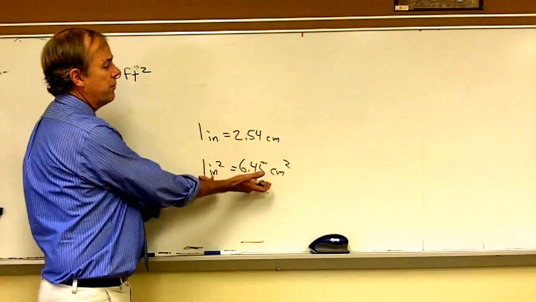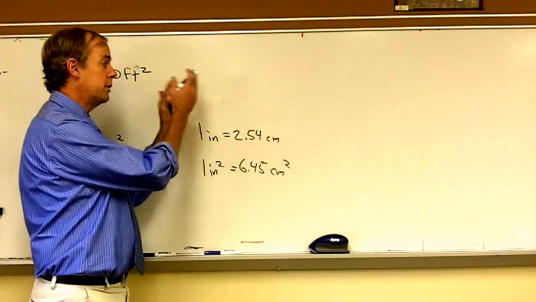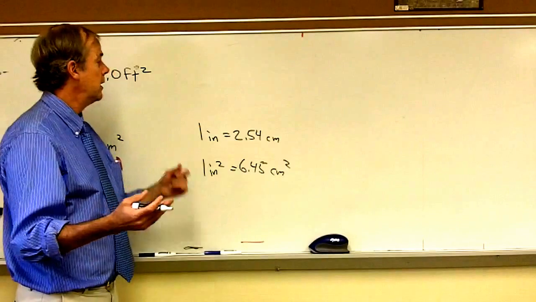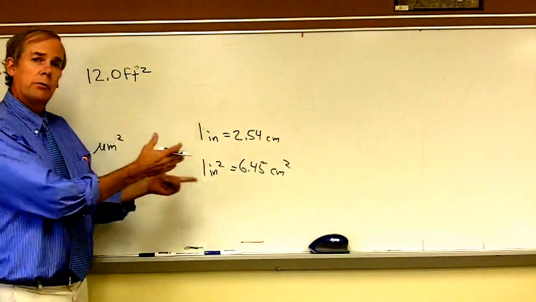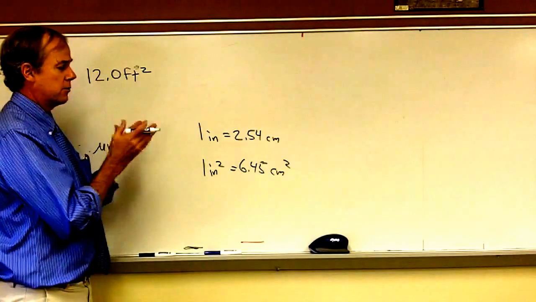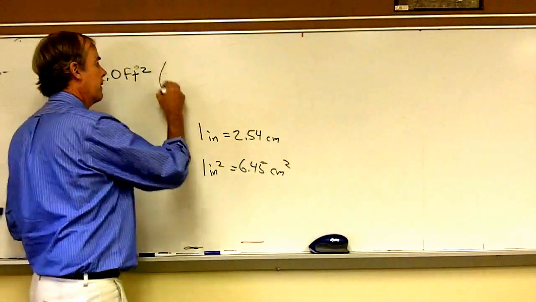So you see, this would be my bridge between British and metric if I'm doing square dimensional analysis. So my first goal would be to get to my bridge. I need to convert square feet to square inches so that I can bridge to the metric system.